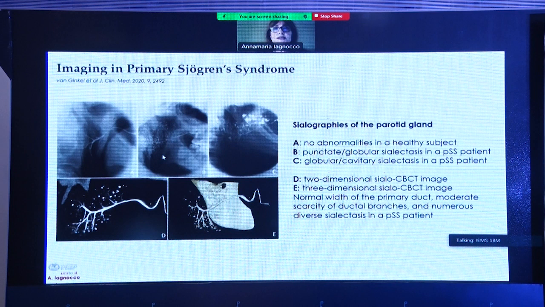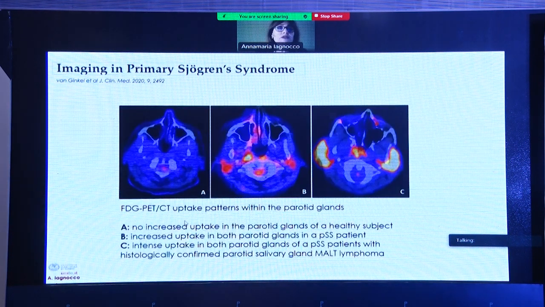You see in these sialographies of the parotid glands the two-dimensional and three-dimensional evaluation of the ductal system. This was even more intense in patients who had, in addition, parotid gland lymphoma.